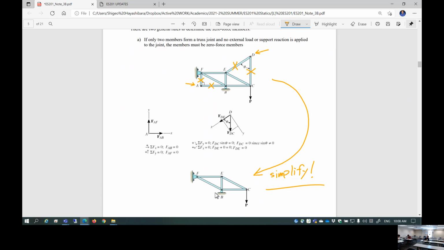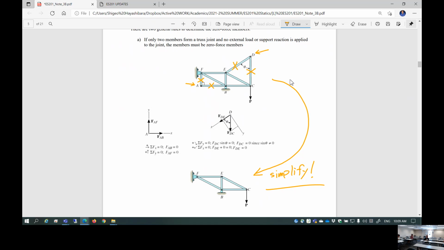Before you start applying method of joints, okay? Or you start doing, okay, let's begin with joint D, and then let's apply summation of the forces at the joint D, and you realize, wait a second, FD is 0. FDC is 0, what the heck? Then you realize, hey, these are zero force members after you apply such an equation.